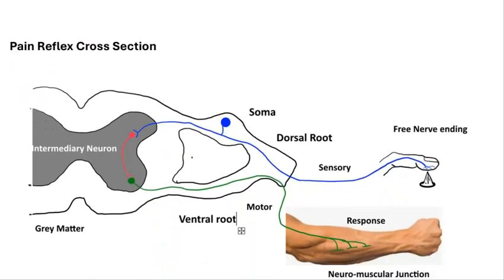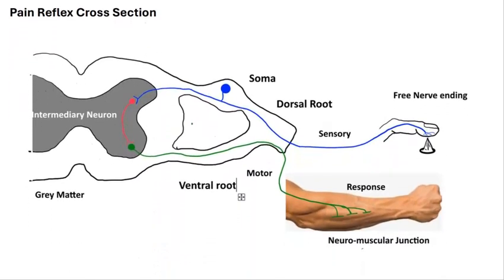If we look at this in a little bit more detail, we can see here we've got the nerve ending and the source of the pain. Down here we have the arm with the neuromuscular junctions and the effectors for the response.